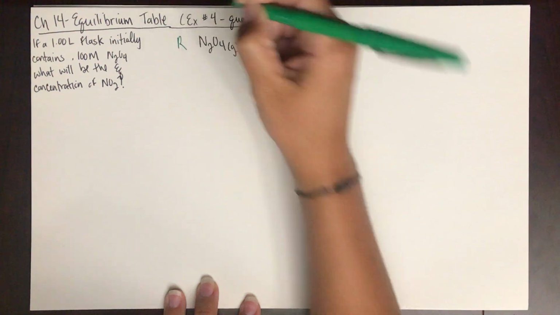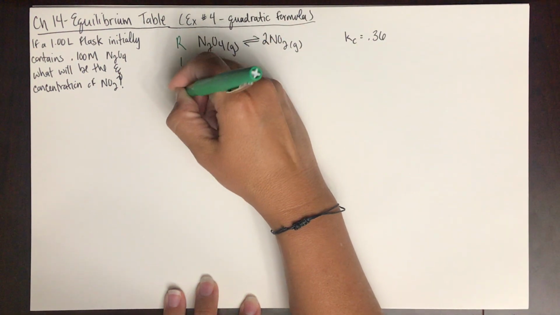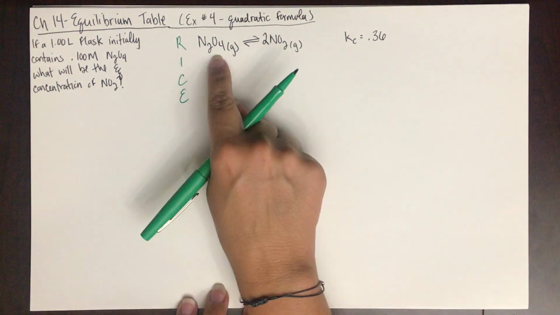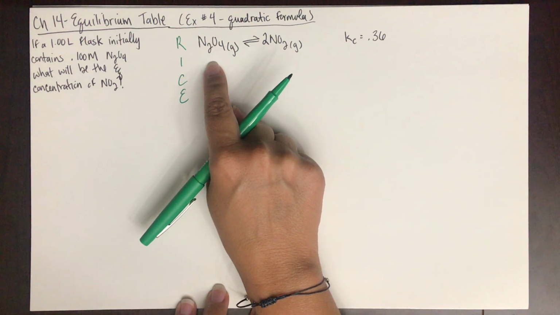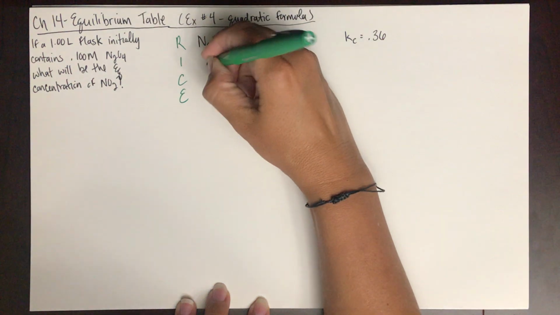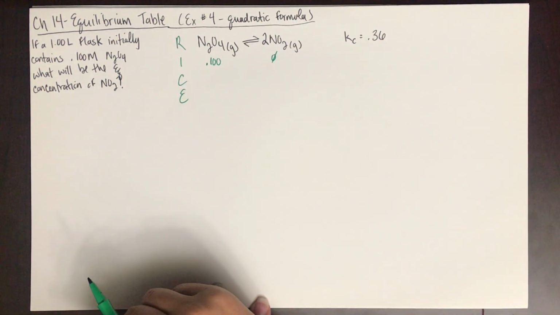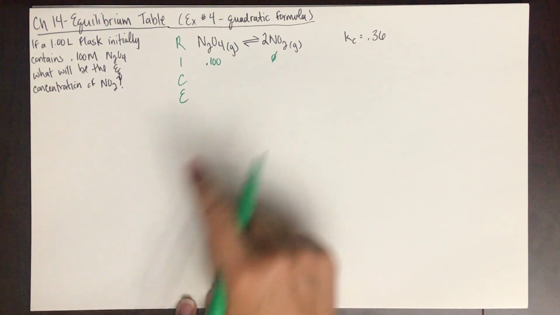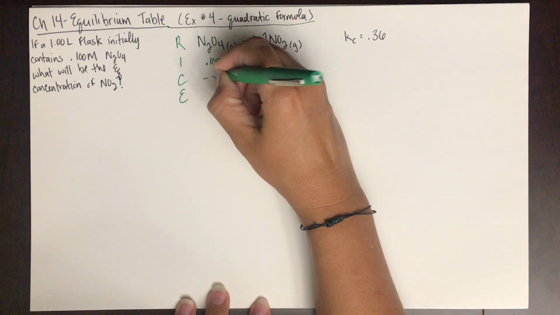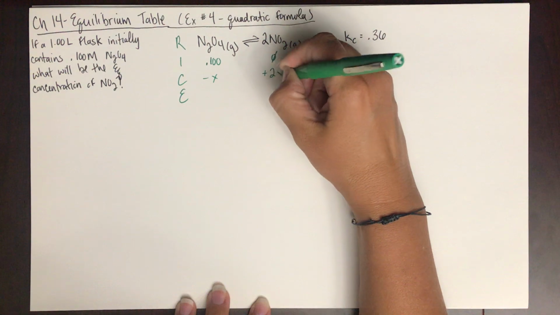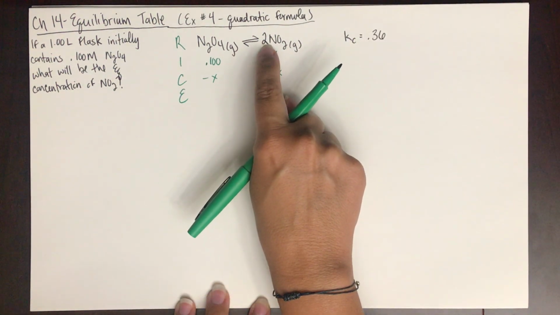Here is my reaction, initial, change, equilibrium. So it says the initial concentration of the dinitrogen tetraoxide is 0.100 molar. We don't start with any product. Here the change, minus X plus 2X. Don't forget this.